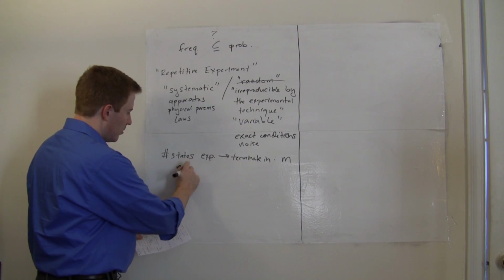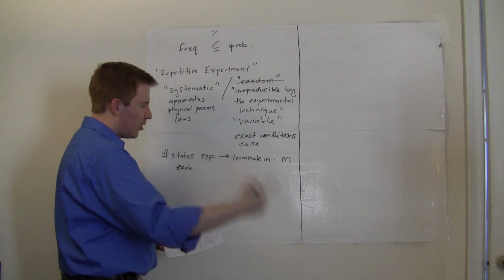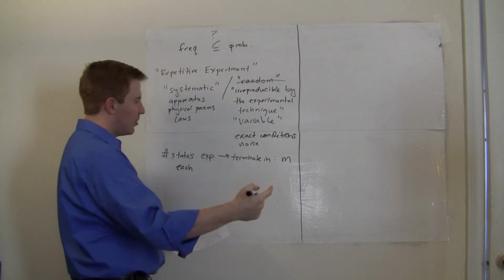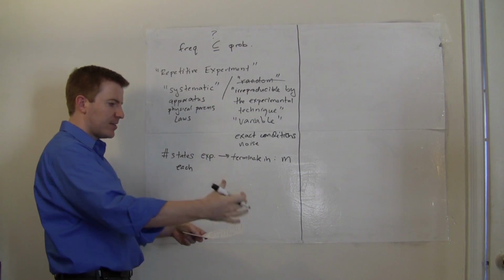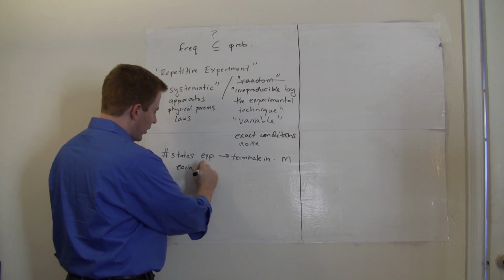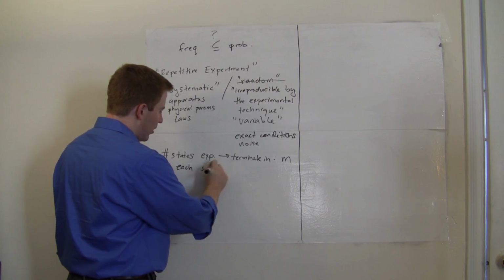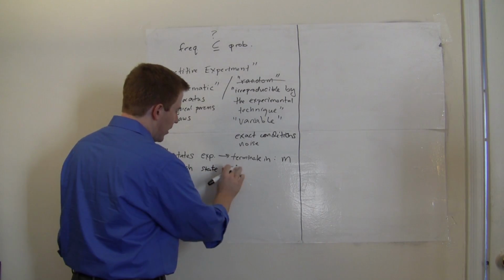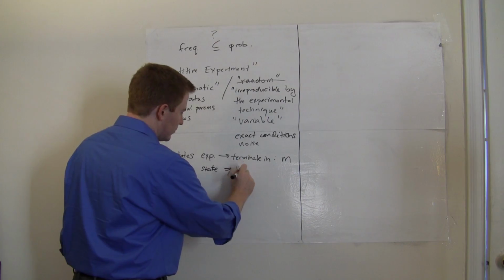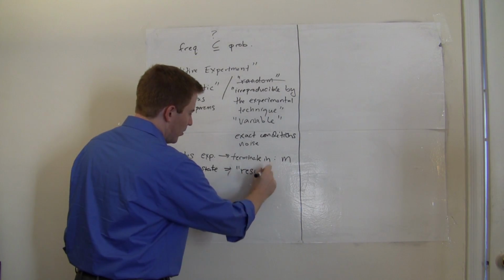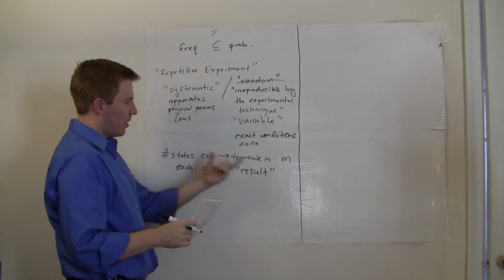Each iteration that we do of the experiment, each time we do it and we get one of these states coming out, we're going to call that a result. So we have a clear name.